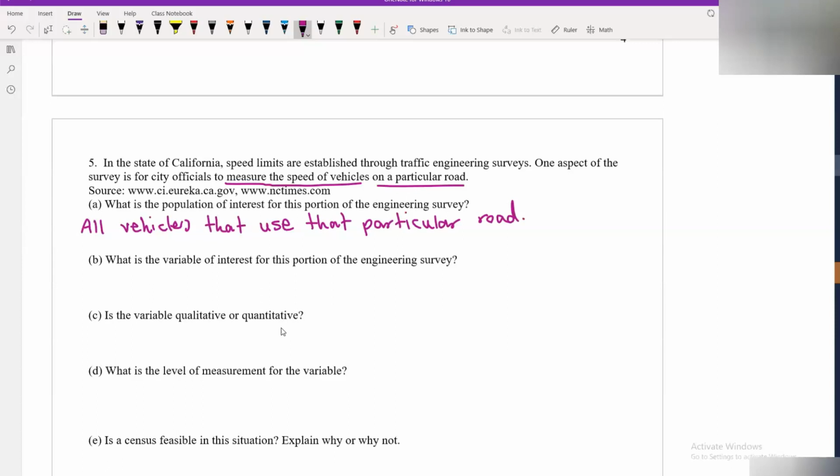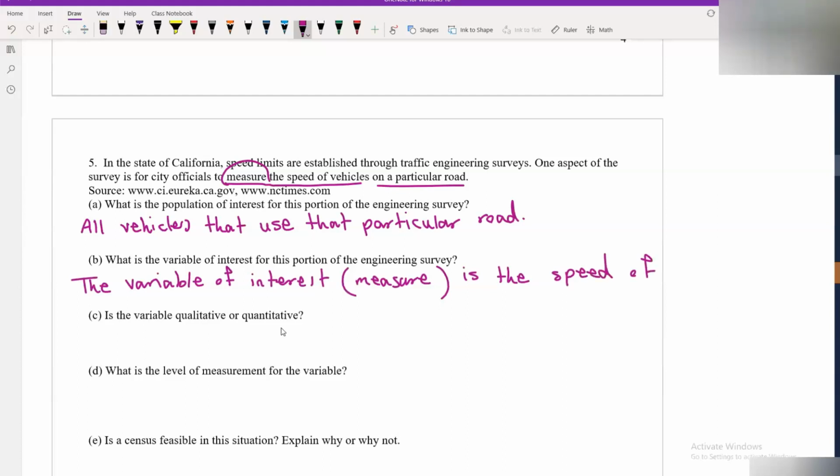Now part B, what is the variable of interest for this portion of the engineering survey? Is the variable qualitative or quantitative?